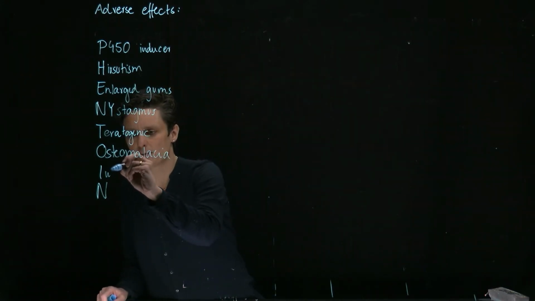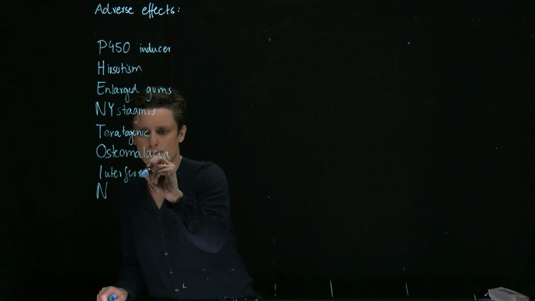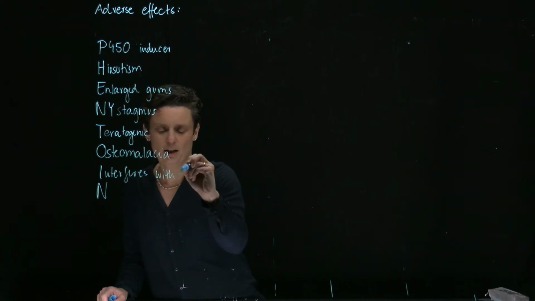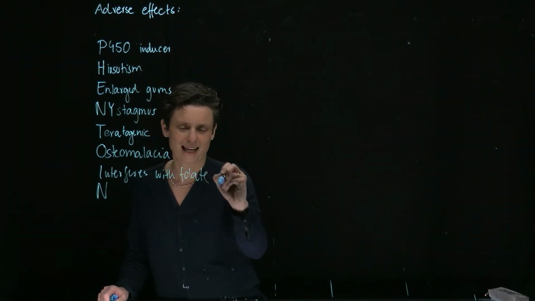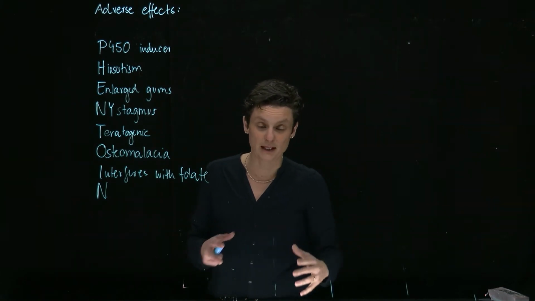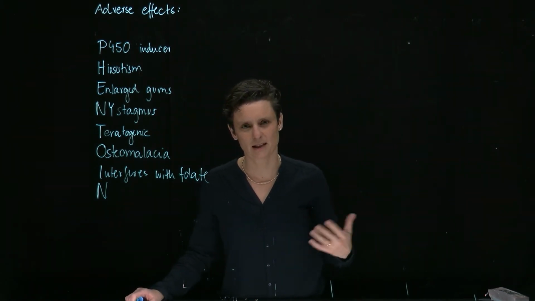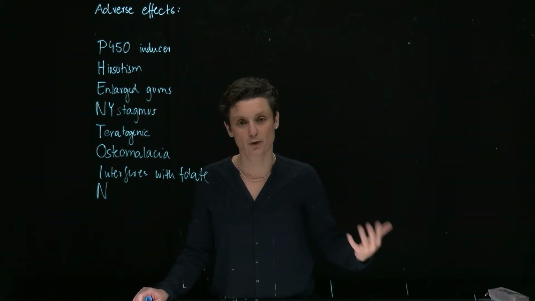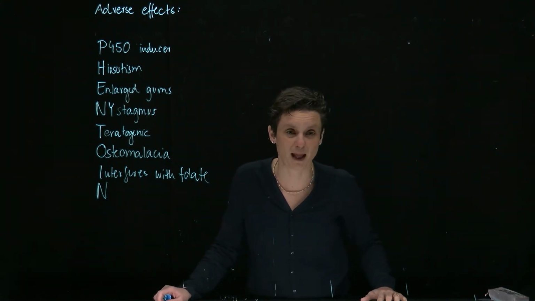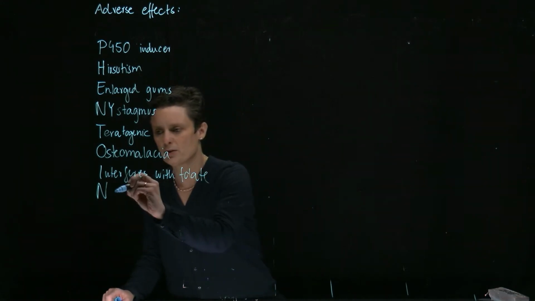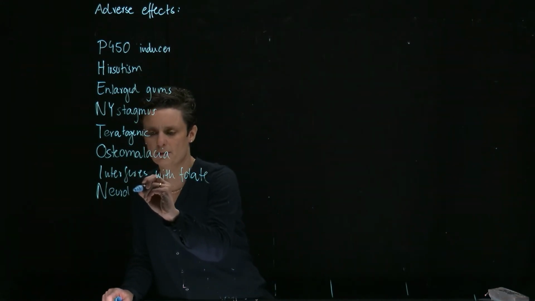Then it interferes with folate. So it looks a little bit like folate and can compete with the uptake of folate in the GI system. So you might get a little bit lower folate levels. So worst case scenario, this could lead to megaloblastic anemia. And then it causes all kinds of neurological problems.